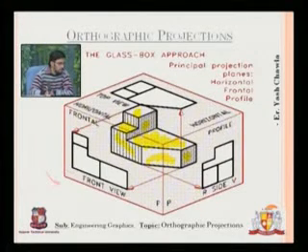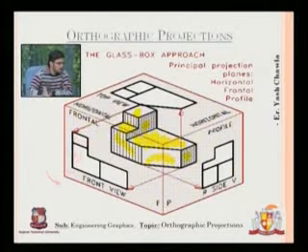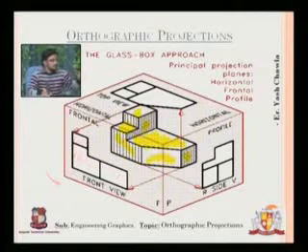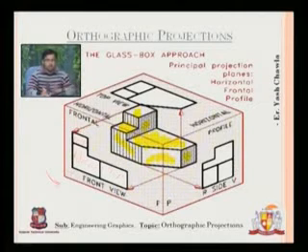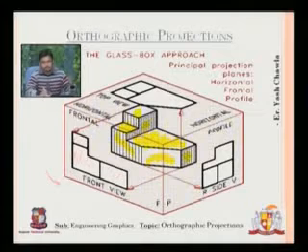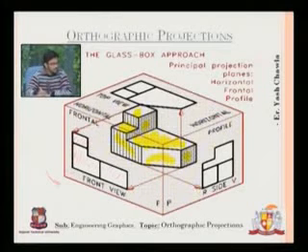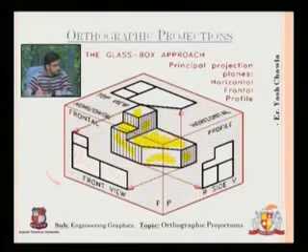Now when I'm looking at the front view, this whole section is the only thing that I'll see about the object. Now at the same position, if I change my position and go on the side, this is what I will see from the side.